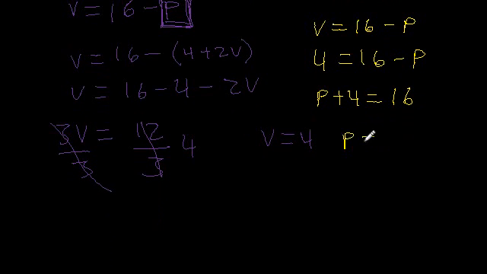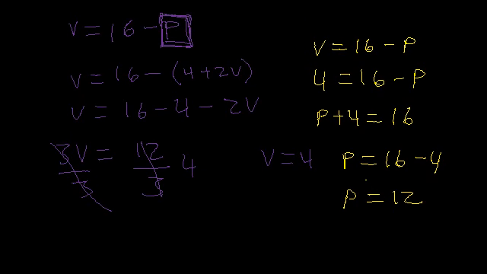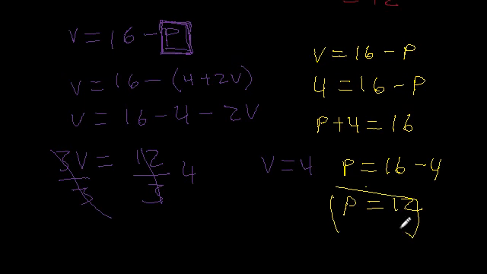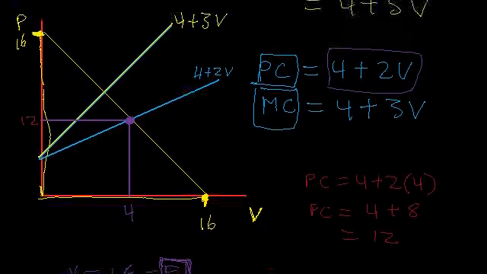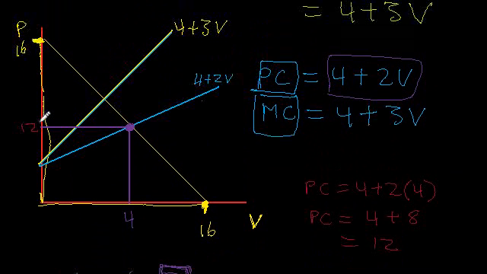So P equals 16 minus 4, which P equals 12. So in both cases here, we found out that the price, the relevant price, should equal 12 when V equals 4. Good. So that seems simple enough, I think.